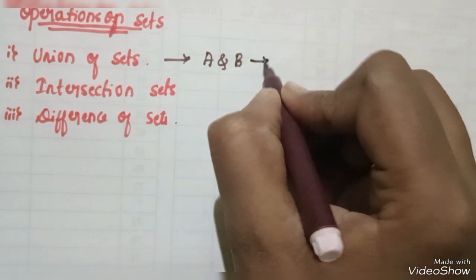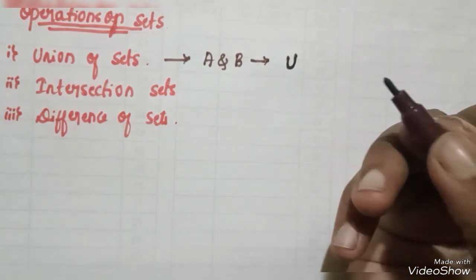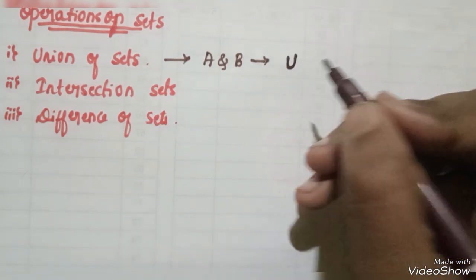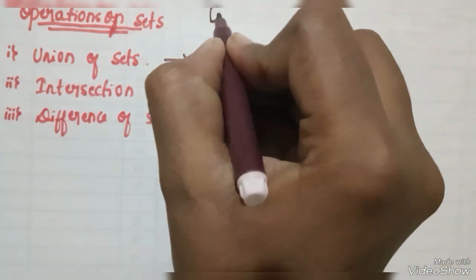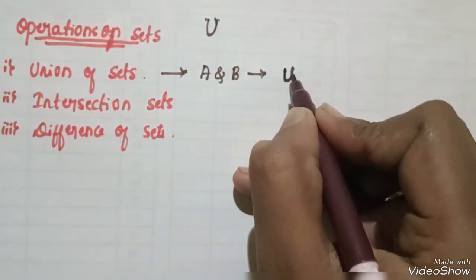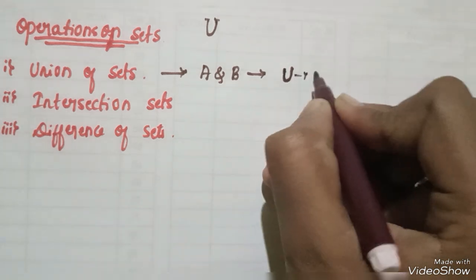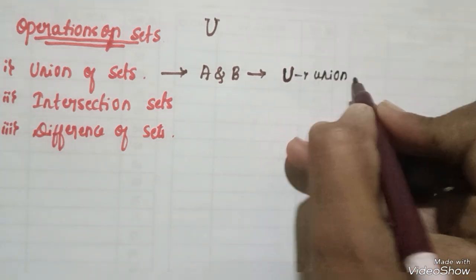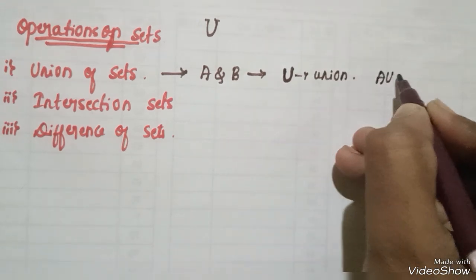Union of sets is represented by the symbol ∪. The universal set is also represented by a similar symbol, but for the universal set we write a capital U. This symbol represents union. Here we say A union B.